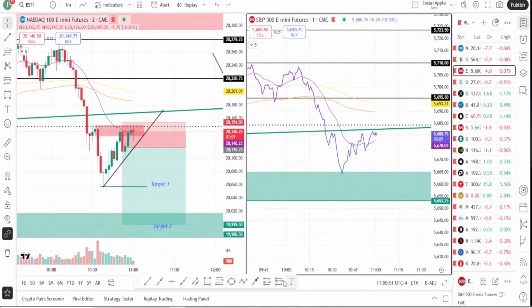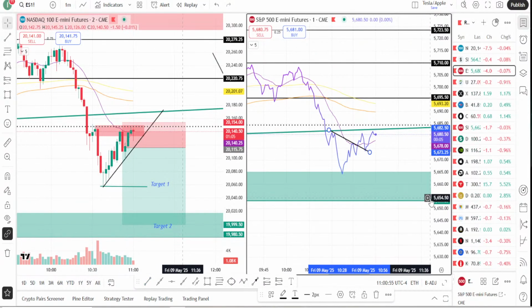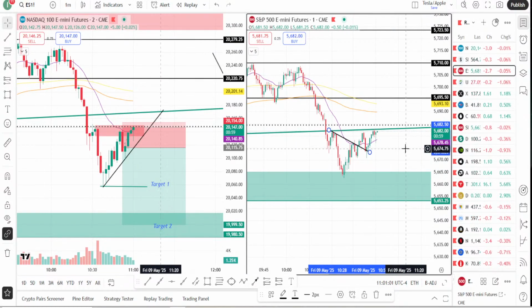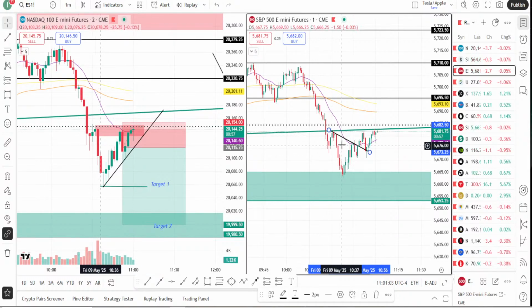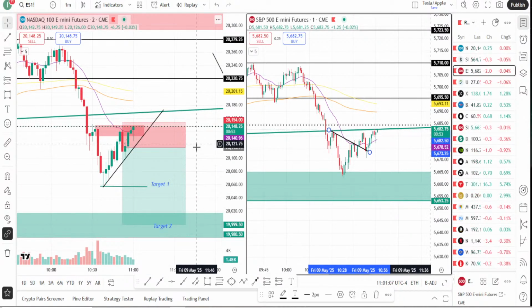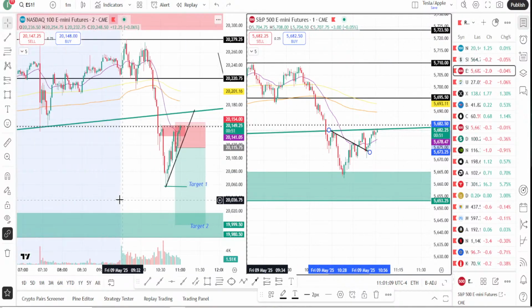Looking like a head and shoulders here on ES. This could be a reversal right here.